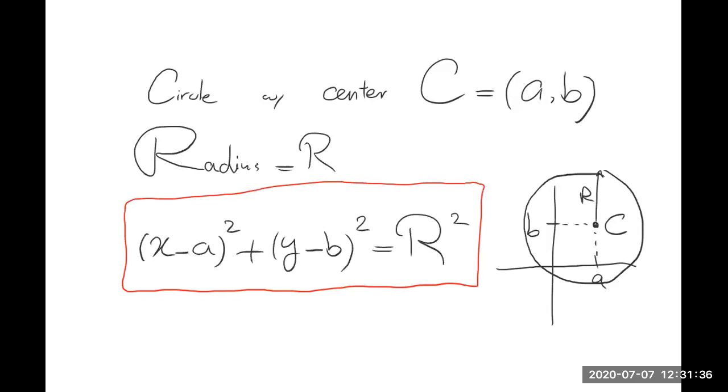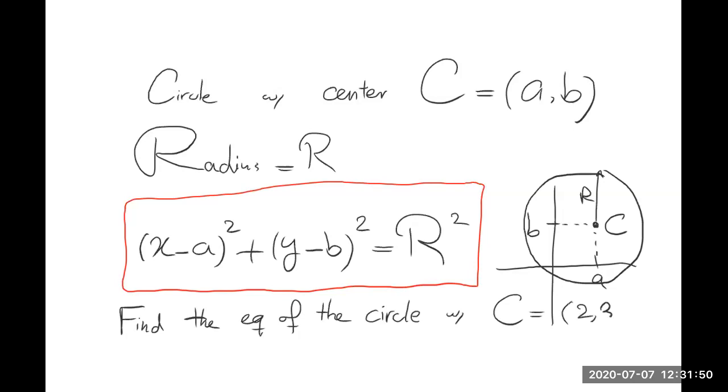So for example, find the equation of the circle with center C equals, say, (2, 3), with radius equal to 3. What is the equation?